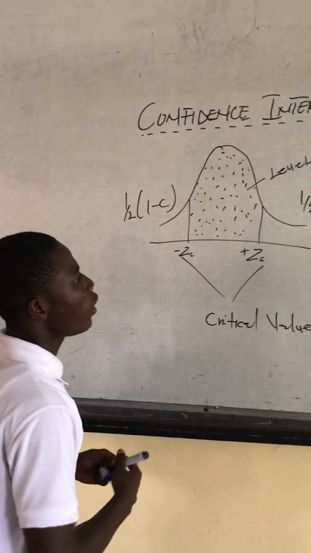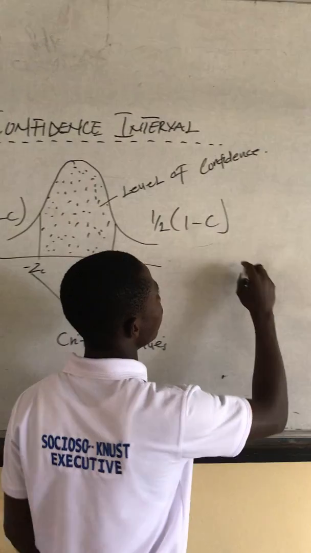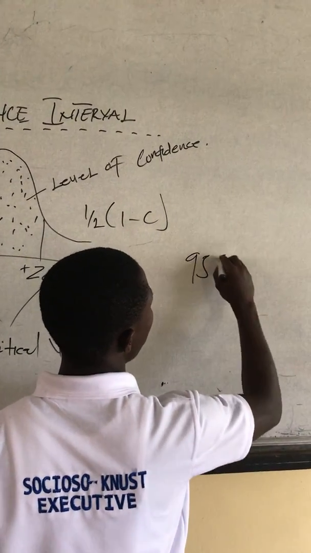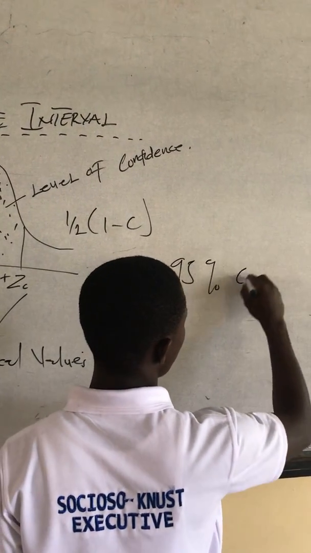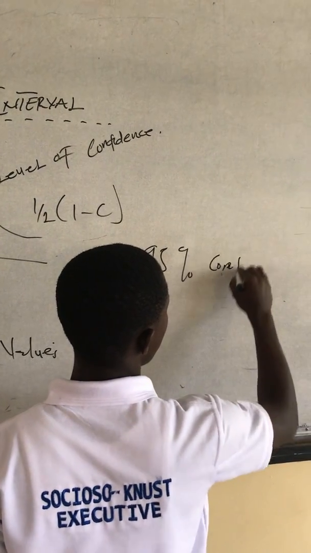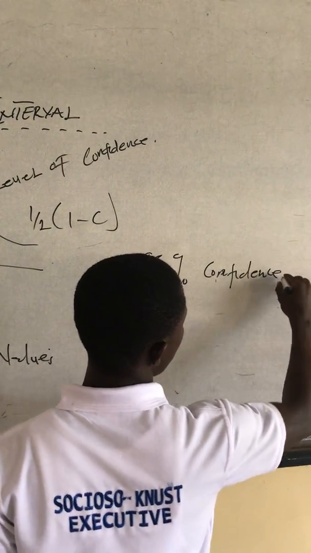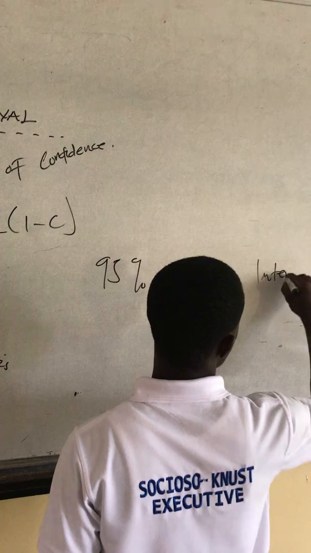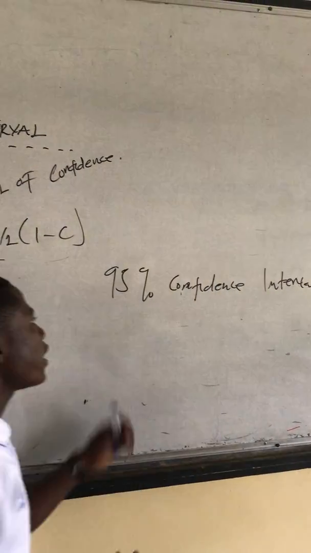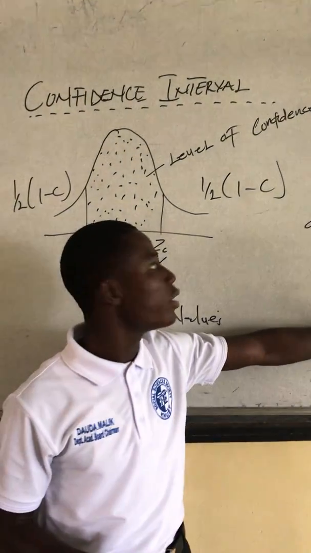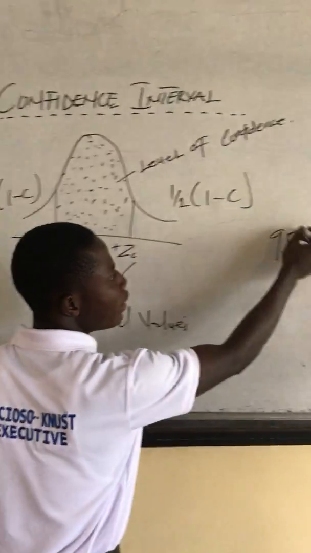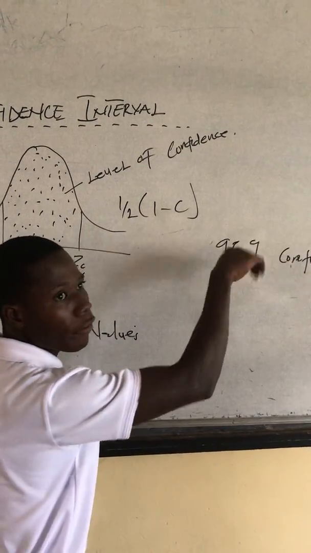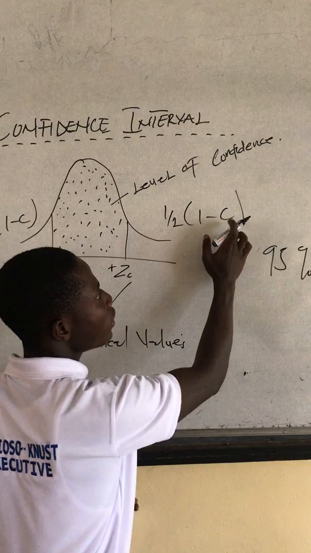Assuming, for instance, 95% confidence. With 95% confidence interval, it means we will send this 95 into a decimal and we place the decimal here.